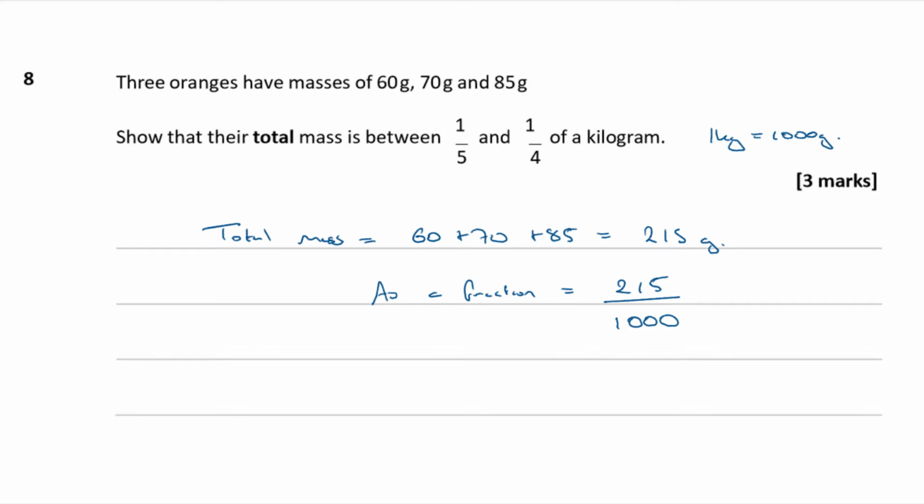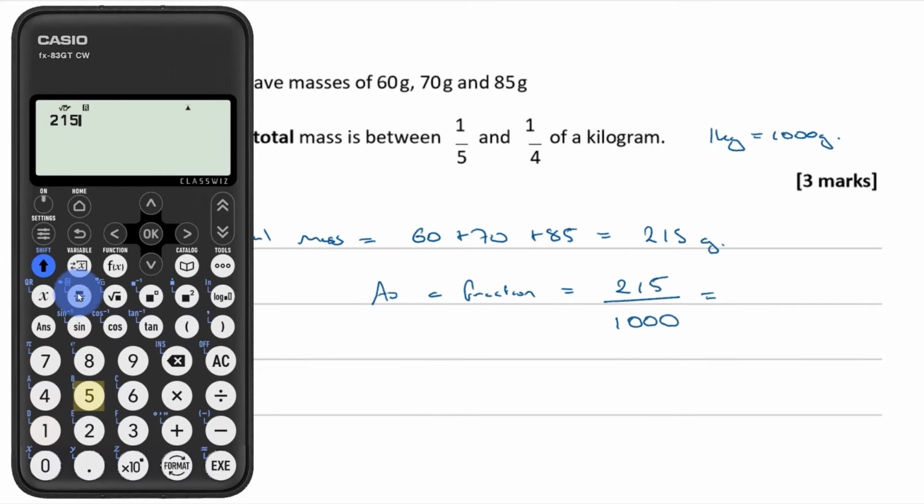Well, I suppose what I can do is I could take a fifth and a quarter, I can rewrite it as equivalent fraction over the same denominator. Mind you, that one might simplify yet. Let's just type that into the calculator and find out. So 215 divided by 1,000, that's going to cancel because they both end in 5s. So that's 43/200.